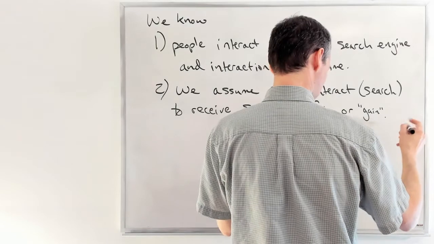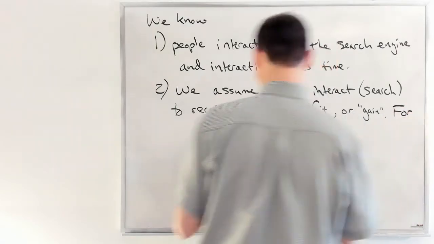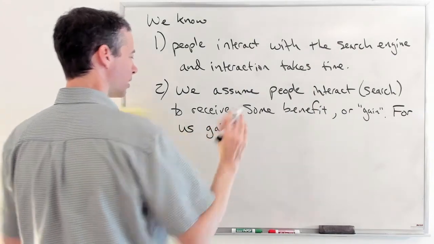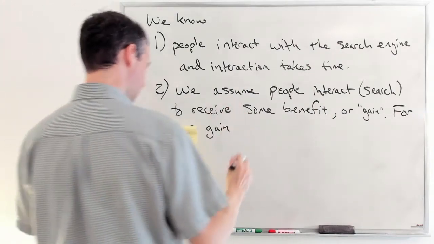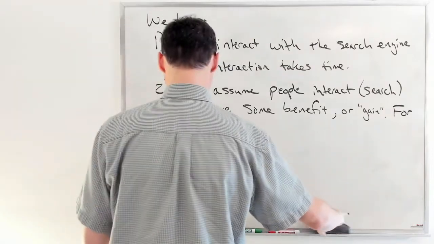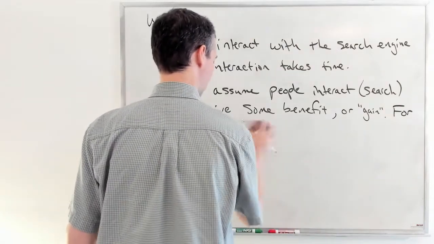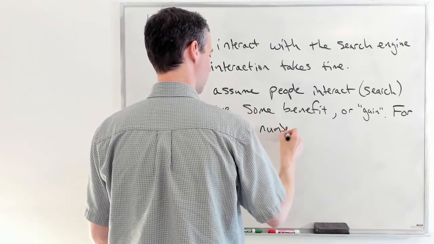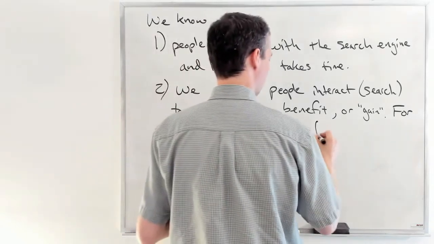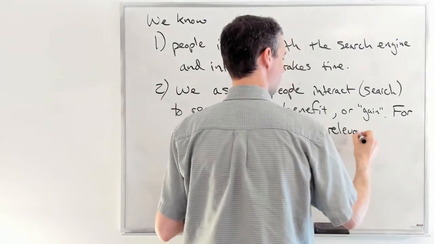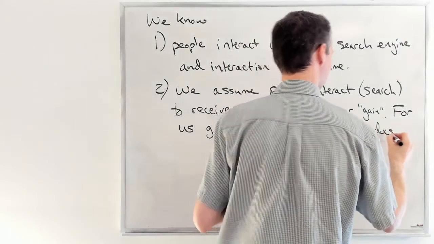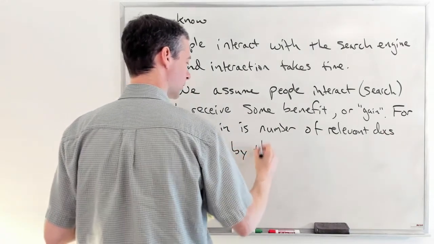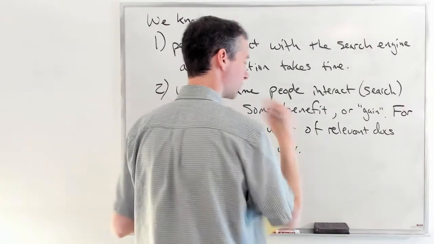All right, but let's just, for us, we're going to have our gain, if we wanted to talk about gain, be something very concrete, which is we're going to be aiming to model and make a prediction of the number of relevant documents found by the user, okay, by the person using the system.